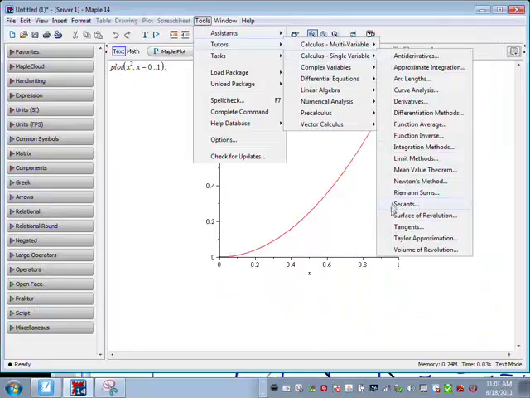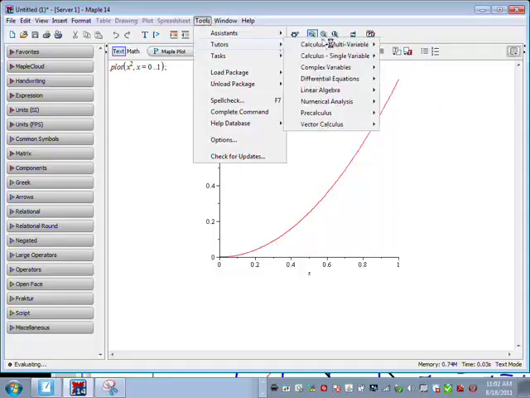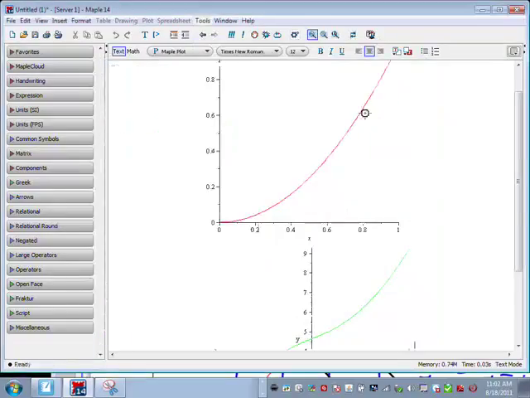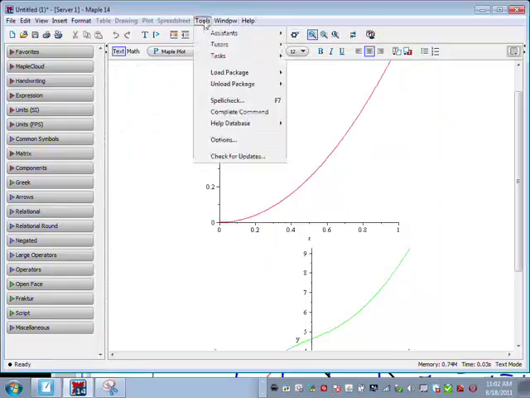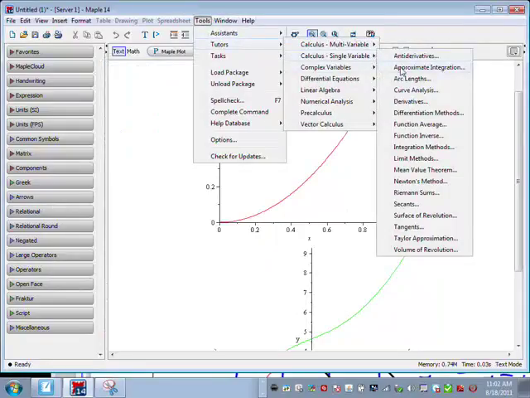What are we doing? Approximate integration? I think I clicked on the wrong thing. I did click on the wrong thing. Close this. Tools, tutors, single variable, that.